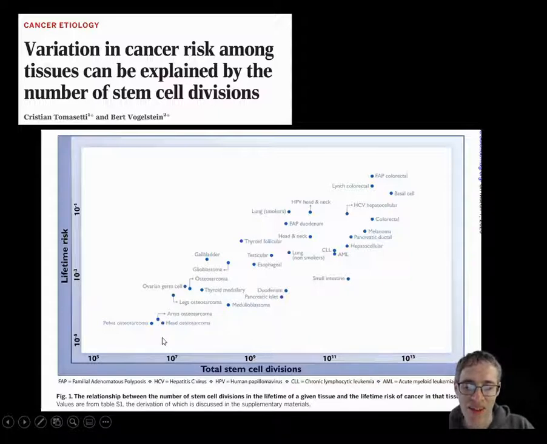And on a log axis, this relationship is linear over 5 or 6 orders of magnitude of stem cell divisions. So over your lifetime, these cells maybe only divide 10 million times, 10 to the 7th, while these cells are dividing more like 10 trillion times, 10 to the 13th, right? But across these 6 orders of magnitude, there's this linear relationship.